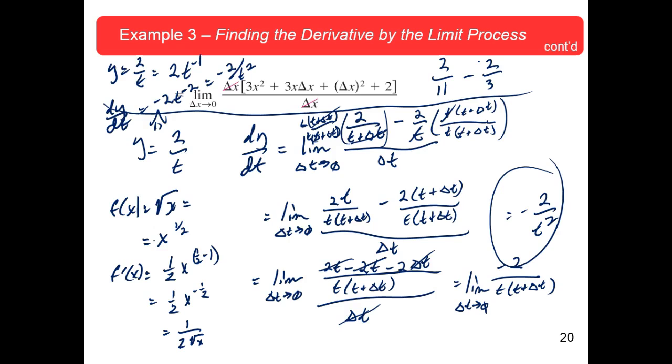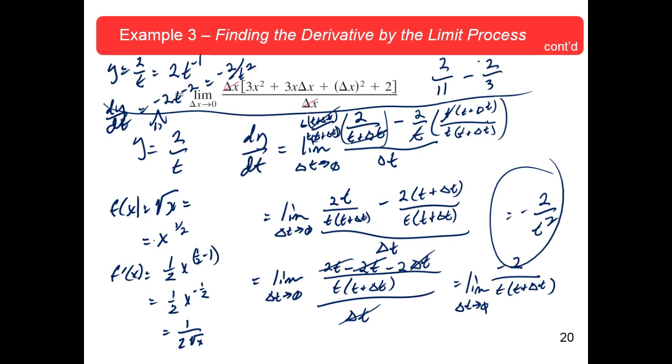Now to write that in fractional notation, move the variable downstairs and lose the minus sign. That would be minus 2 over t squared. That's exactly what we want to see. T to the minus 2 is 1 over t squared.